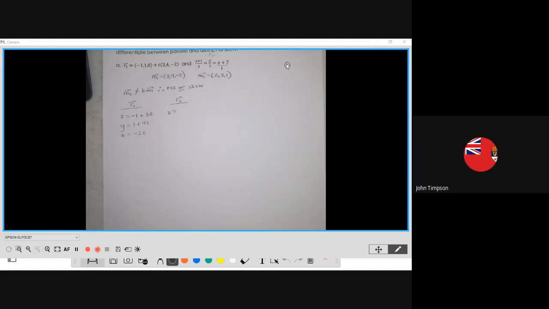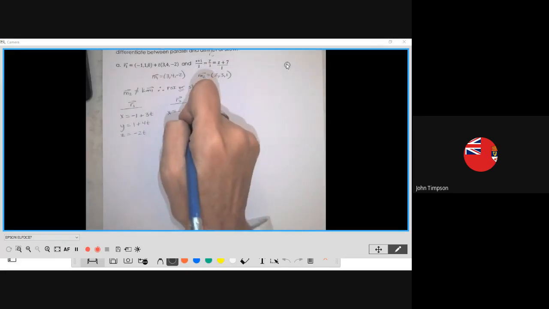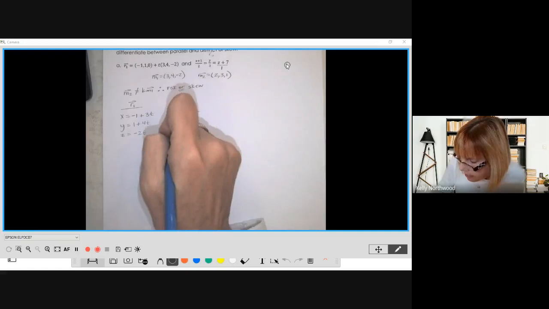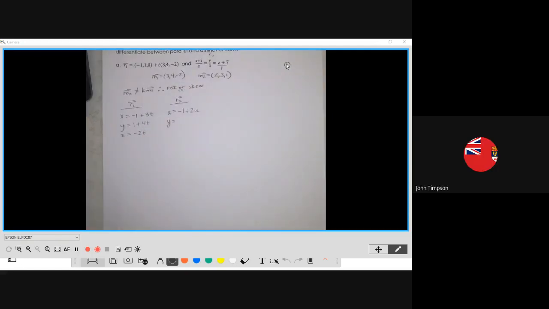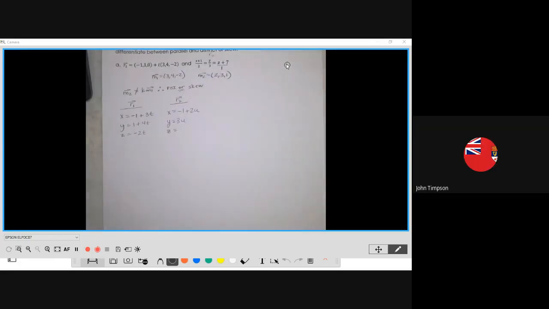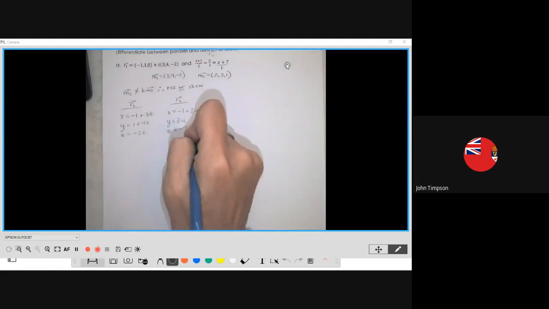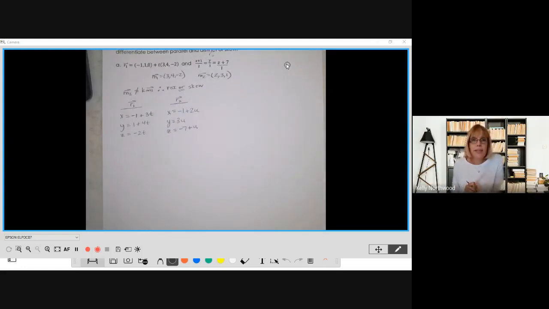Could it be x equals -1 + 2u? Yep. y equals 3u. Yes, good. And z equals -7 + u. Good. Does anyone have any questions about how John got those?